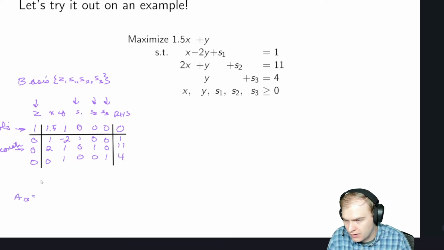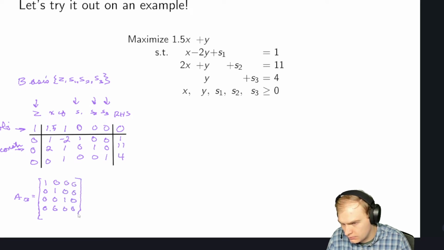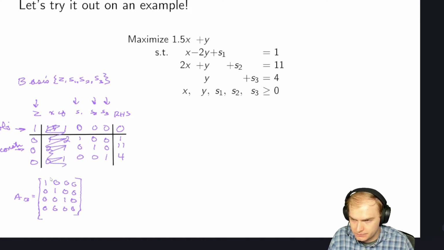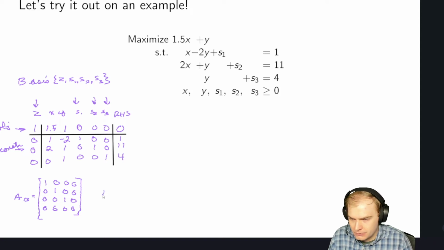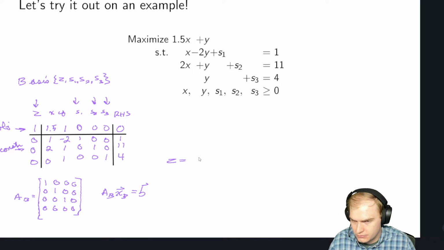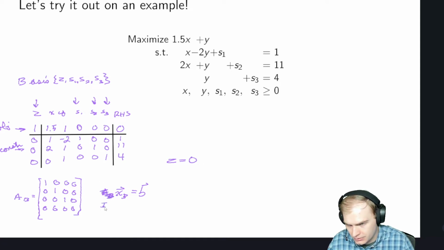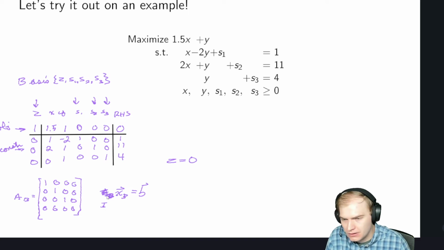A_B for that basis is the identity matrix, which means that our basic solution is just A_B X_B equals B. And since A_B is an identity, we can get rid of A_B from that expression, and we're left with just saying Z equals 0.